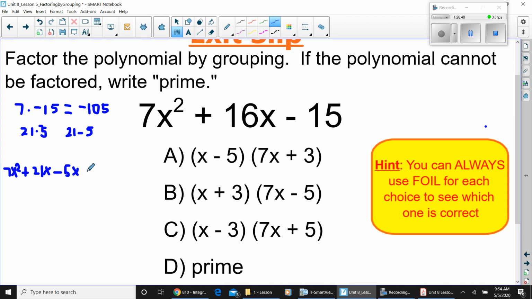So 21x minus 5x is 16x, and you just bring down that negative 15. Go ahead and factor out now. 7x is the greatest common factor between 7x squared and 21x. So that is 7x times x, and then 7x times 3 would be 21x.